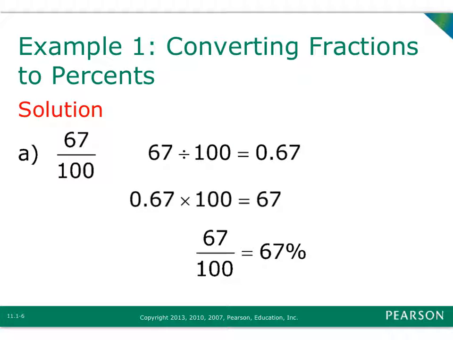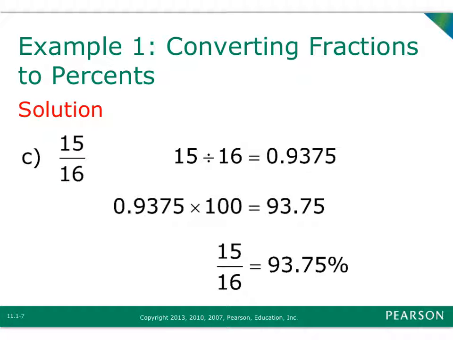The solution to converting 67 over 100 is we divide 67 by 100, we get 0.67, and then we multiply 0.67 by 100 and we get 67. We add the percentage sign. So it's 67%.